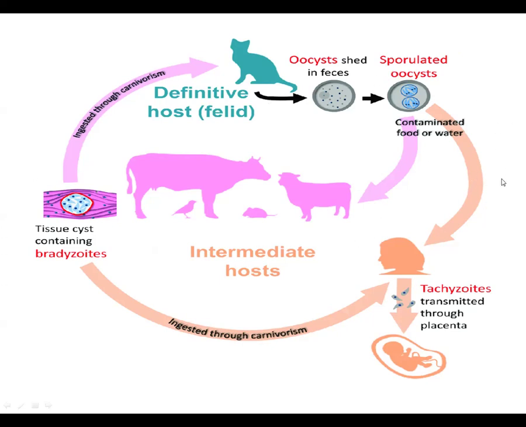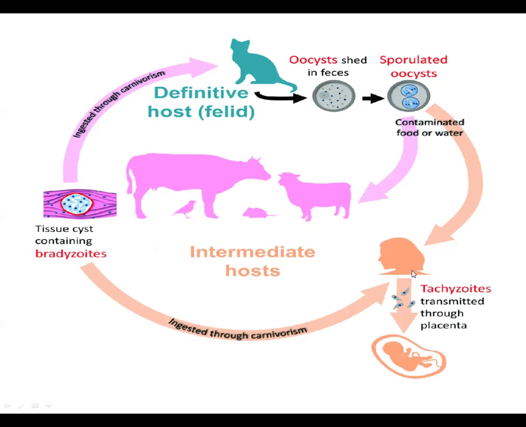Now, exposure to these cysts may occur when they are present in the feces of the cat, and pregnant women after exposure to this contaminated feces may get the disease.